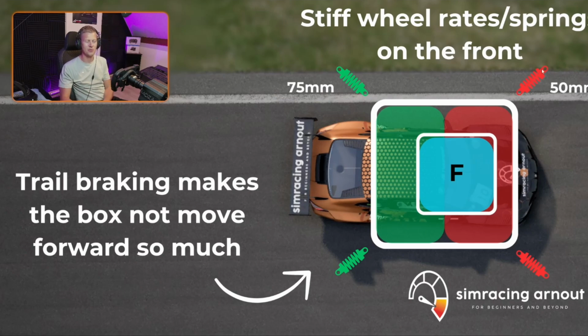This is the reason why you want to run a little bit stiffer front end if you are a beginner or you just want a safer setup. But you will have the same balance when you go in a fast corner. So in Eau Rouge, we're not getting into trouble because we're going so fast, even the stiff springs will compress.